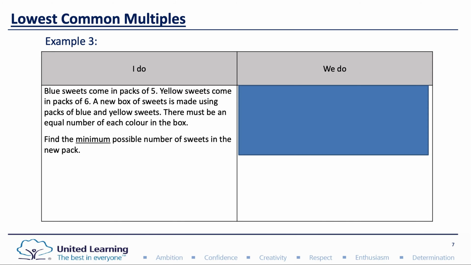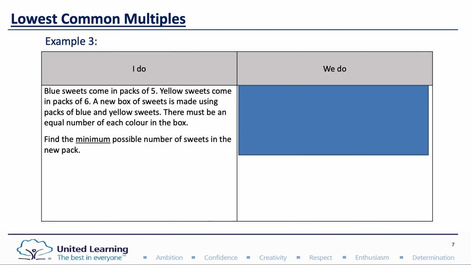Actually, let's skip this one and go to this one. So blue sweets come in packets of 5 and yellow sweets come in packets of 6. A new box of sweets is made using packets of blue and yellow sweets. There must be an equal number of each color in the box. Find the minimum possible number of sweets in this new pack. Ooh, okay.